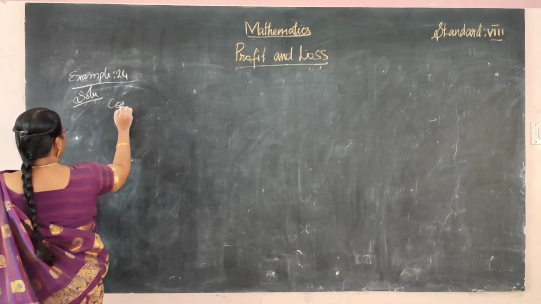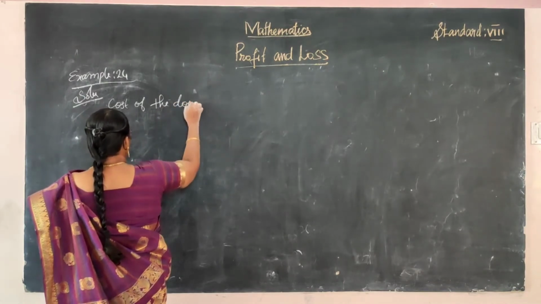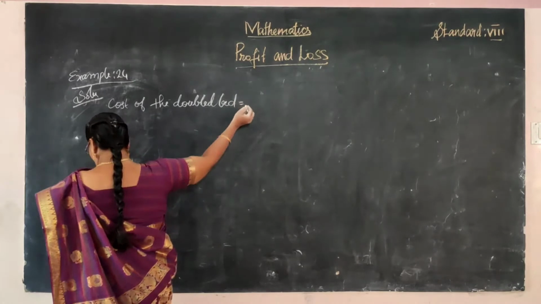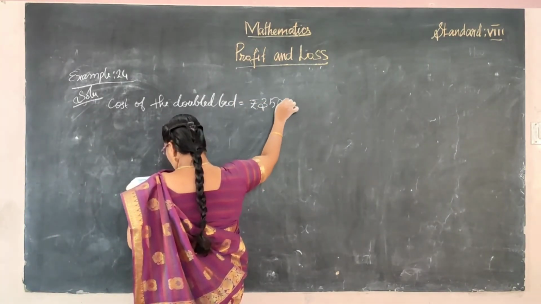So cost of the double bed is equal to rupees 3,500.